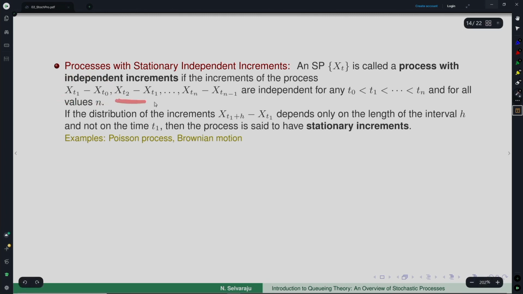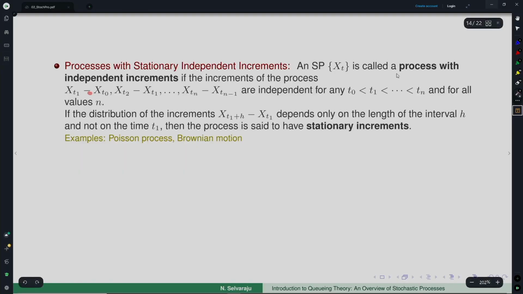If these increments are all independent, that means what has happened in the previous interval and what is going to happen in the next interval, starting in two distinct intervals, are independent. This is what we call a process with independent increments.